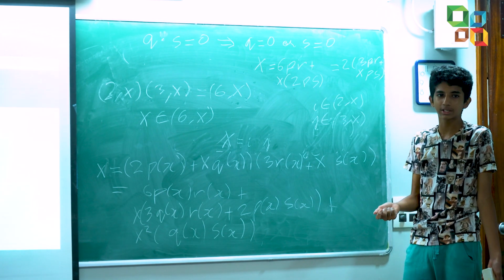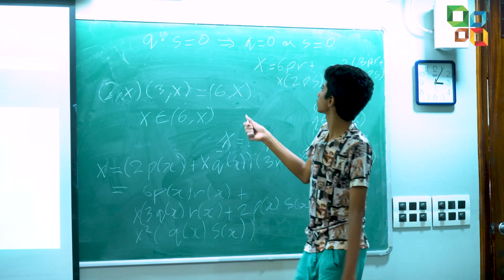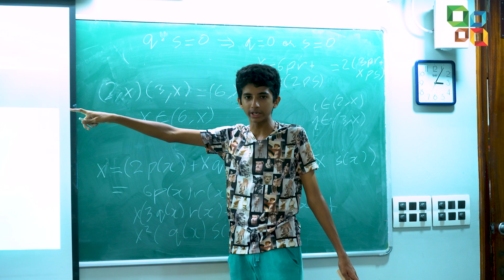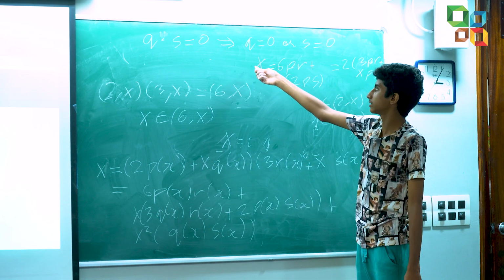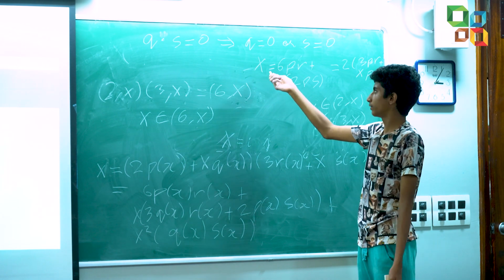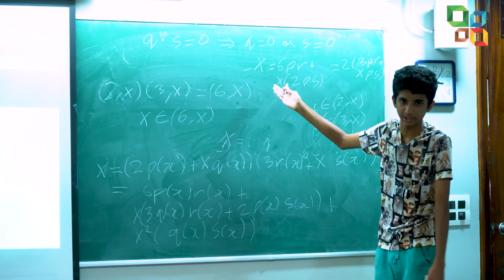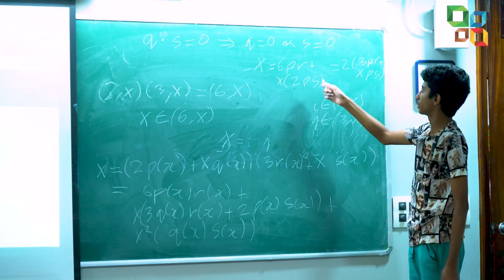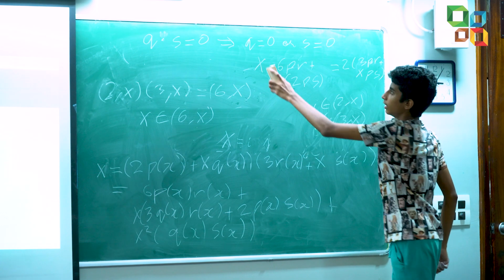No, right? It can't be written as a multiple of 2. If you take it, you'll get some half somewhere. It's because we are considering only integral coefficients, and x has 1 as its coefficient. It is not a multiple of 2. You can clearly see that. So this is a contradiction. Q cannot be 0 because we are getting such an equation where x is a multiple of 2.